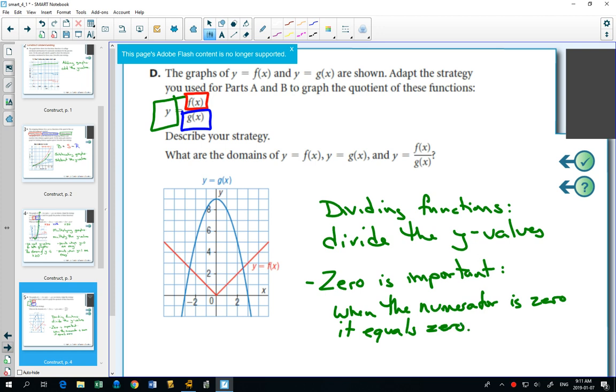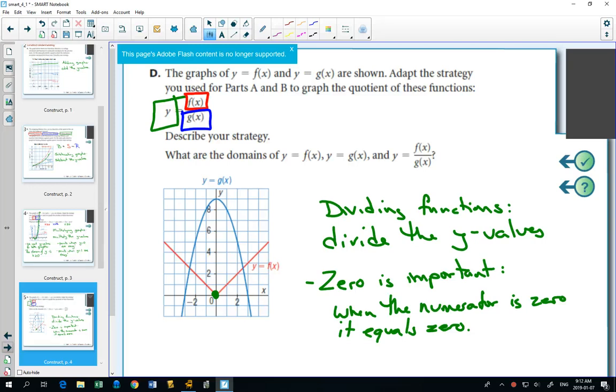It equals 0. If you have 0 on the top of a fraction, 0 divided by 5 is 0, 0 divided by 7 is 0, 0 divided by anything except for 0 is 0. So do we have any situations where our red graph is 0? Yes. Right there.